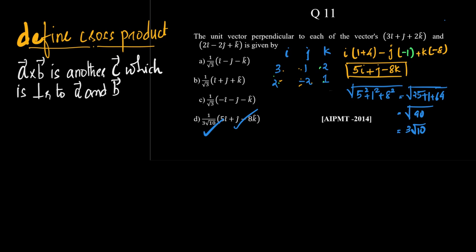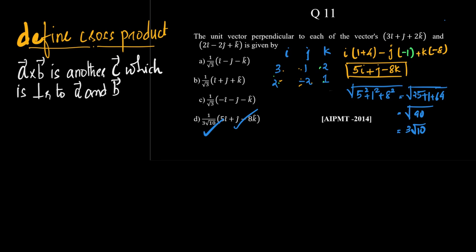Now let us just spend a couple of minutes to actually understand the concept of cross product that we're talking about. See, when we have vectors, let us take an inclined one.